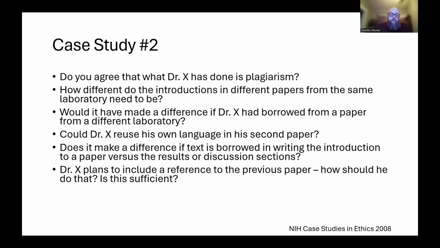But it's not sufficient to just reference the previous paper because, again, it's not about whether or not you're running the speed limit here. That's not even important. This isn't like, well, am I technically correct? What's important is where those ideas came from. And ultimately, ideas come from everywhere.